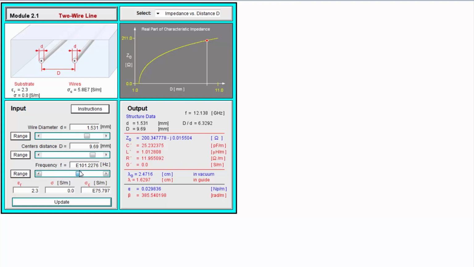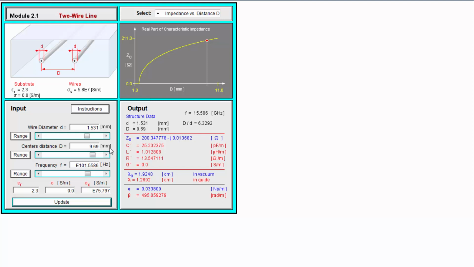That means this transmission line is dispersionless. Okay, and this transmission line could carry a signal with wide bandwidth, a wide range of frequencies. Okay, could carry any signal with any frequencies.